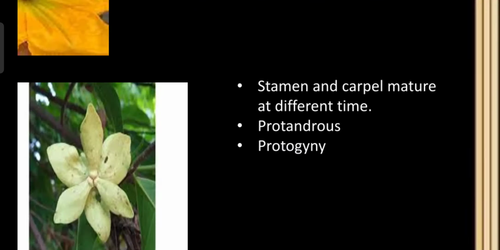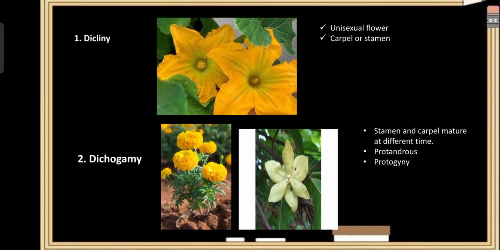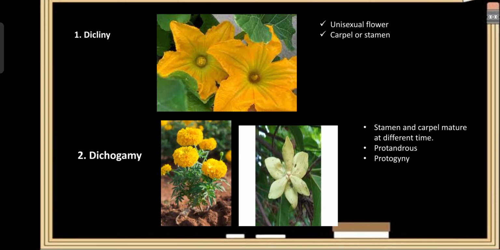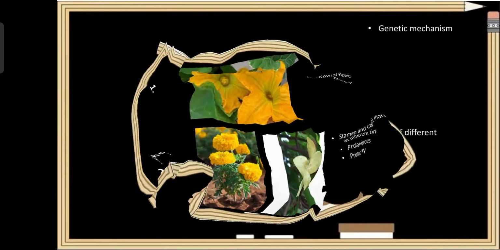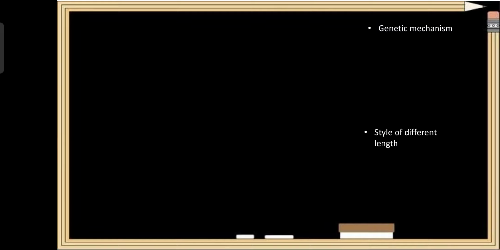Now let us study the next devices, which we call self-sterility and heterostyle. If you look at self-sterility, this is a genetic mechanism where the pollen of a plant cannot fertilize the ovule of the same plant.